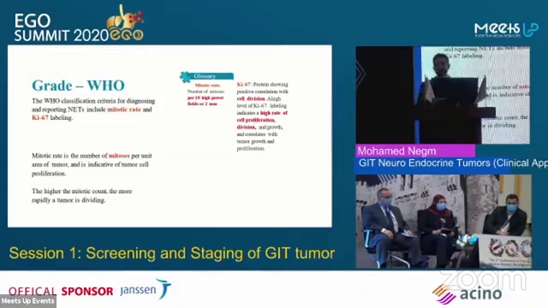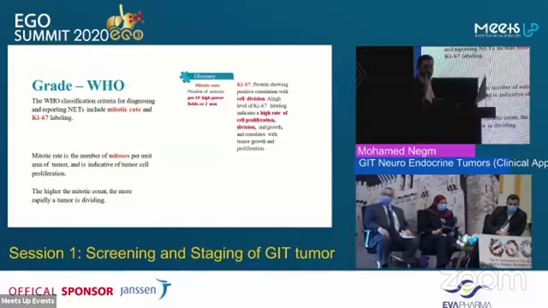Let's take a look at the histology or the biopsy of this tumor. We depend on two things to assess neuroendocrine tumors. The mitotic rate, which is defined as the number of mitotic figures per 10 high power fields, which is 2 millimeters under the microscope, and the Ki-67 index. Ki-67 is a protein that is found in highly proliferating malignant cells.